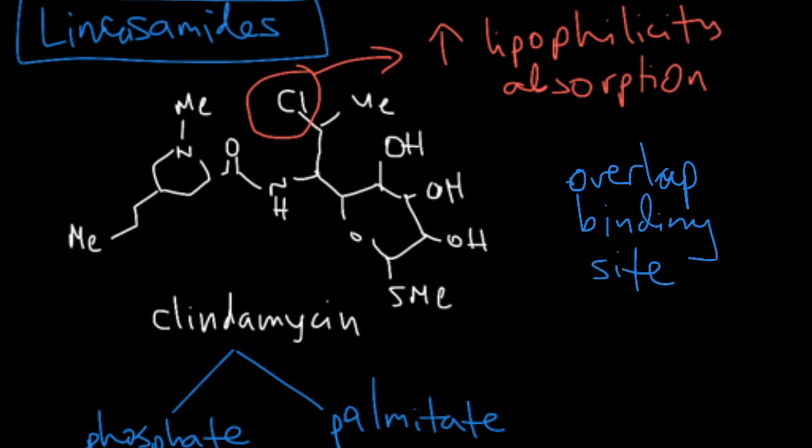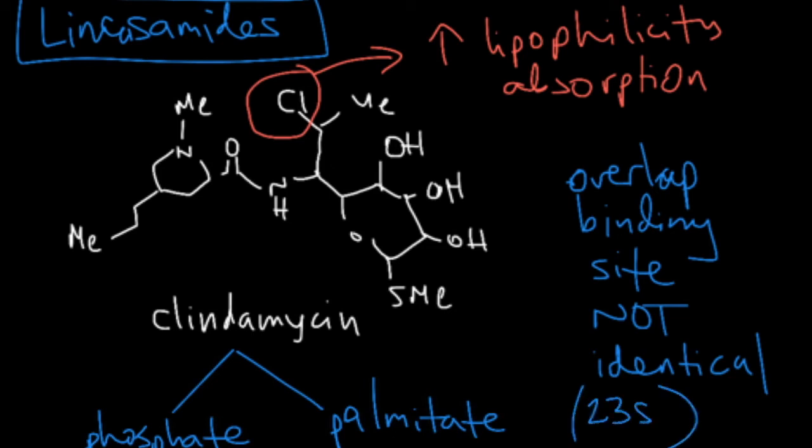So they bind to the exit tunnel, but not at the same place in the exit tunnel as the macrolides. So they overlap binding sites, but not identical binding sites, in the 23S subunit of the 50S subunit of the ribosome.